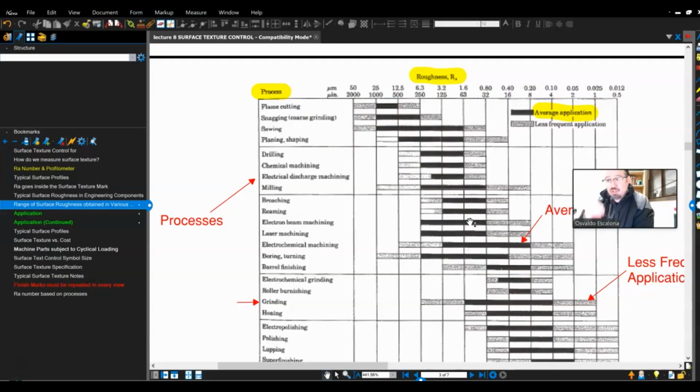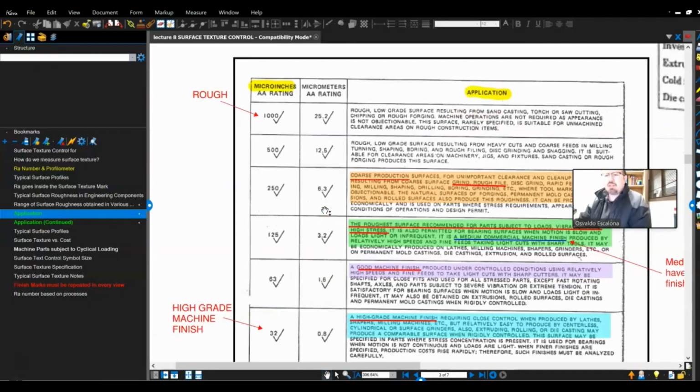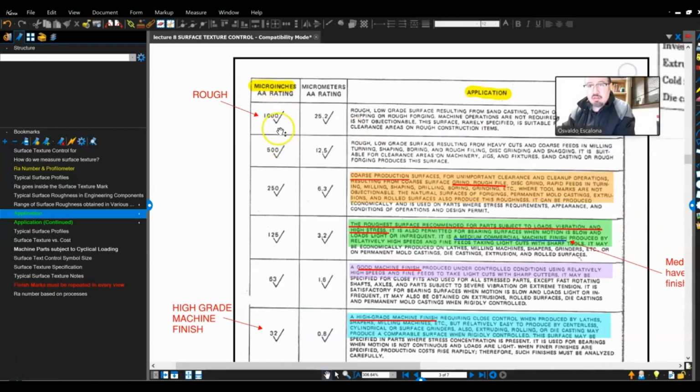And sometimes you have to go through several processes to be able to achieve it. Now, if you guys want a better description of it, I give you the micro inches and the micrometers. Remember, the bigger the number, the rougher the material is. We are not going to do anything in the 1000 or the 500. Those are things that are rough. We're going to do from the 250 maybe all the way to the 32.